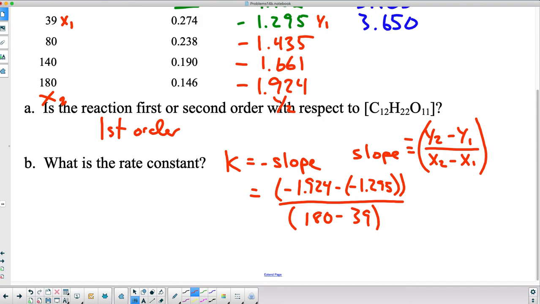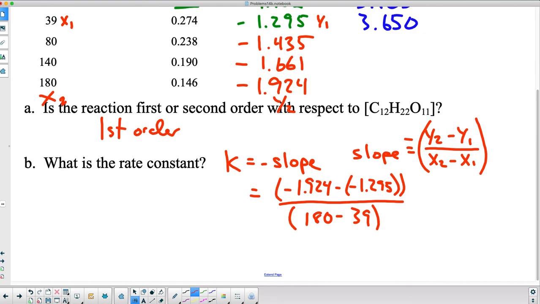So I'm just going to do what I got here. 1.924 minus 1.295 equals, divided by 180 minus 39 equals, oops, I went too far there. All right, I know I'm killing time here.